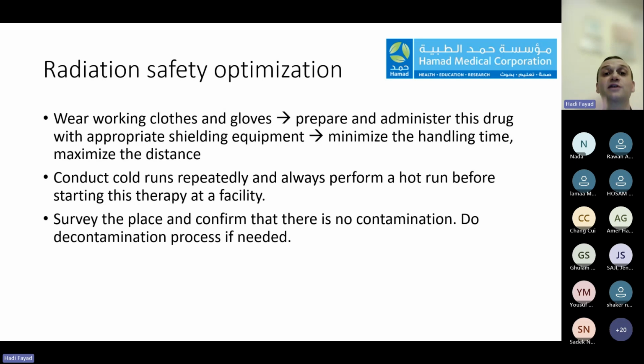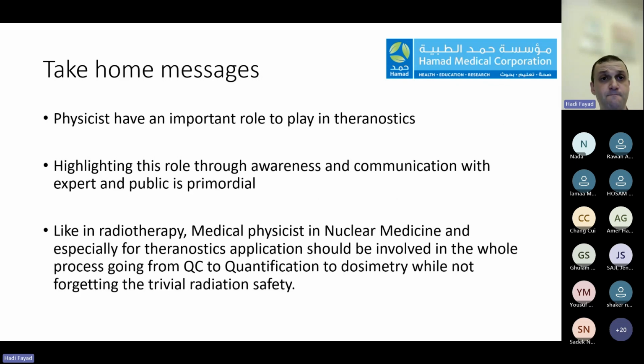You need to do a hot run to be sure that you will be applying the same safety rules during the therapy itself. Survey the place and confirm that there is no contamination. Do the decontamination process if needed. All these aspects are very important in radiation safety, especially in theranostics and newer theranostic applications.